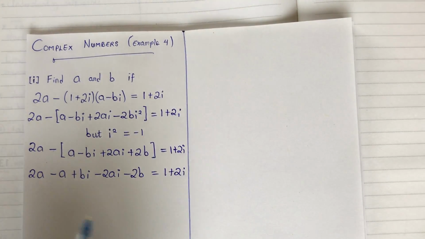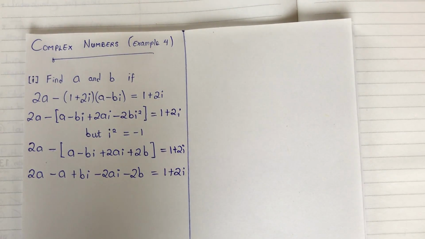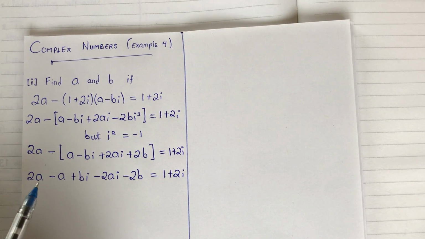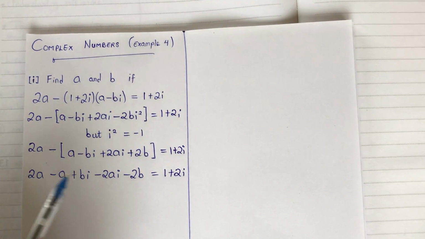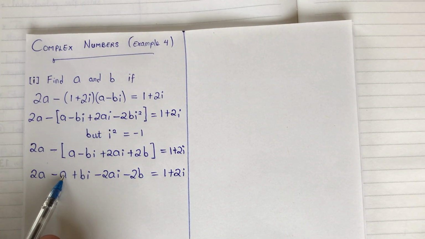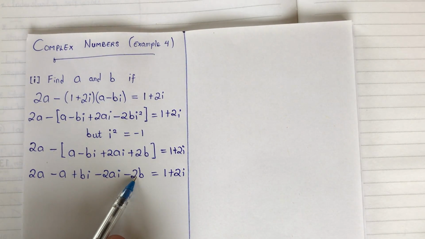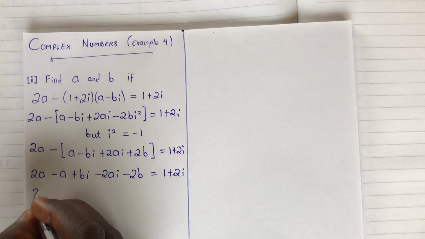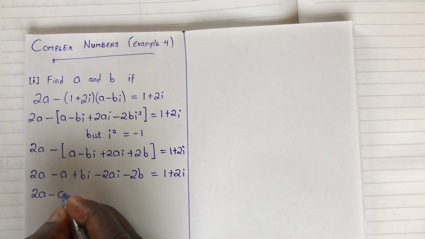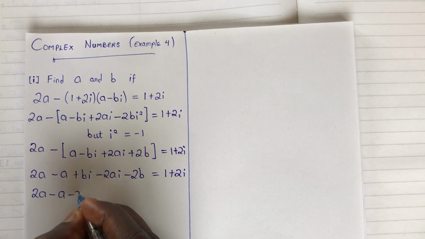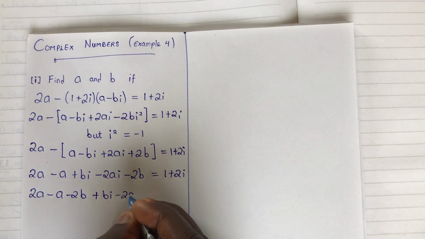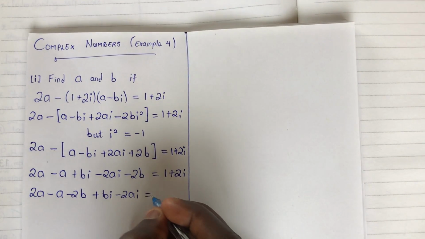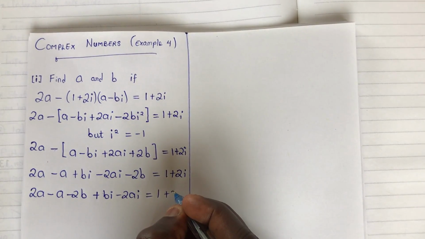Now we group like terms, all reals and all imaginary. Any term that doesn't have the complex notation, we group to one side. So 2a doesn't have, a doesn't have, and 2b doesn't have. So we say 2a minus a minus 2b plus bi minus 2ai, giving us 1 plus 2i.